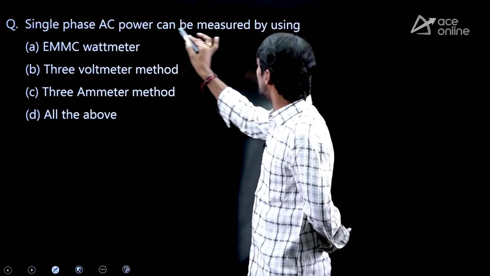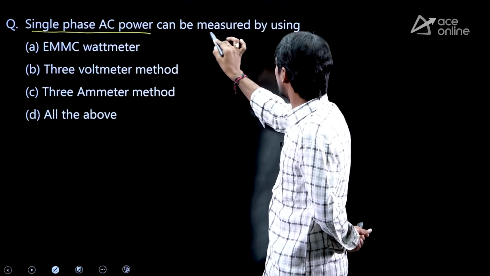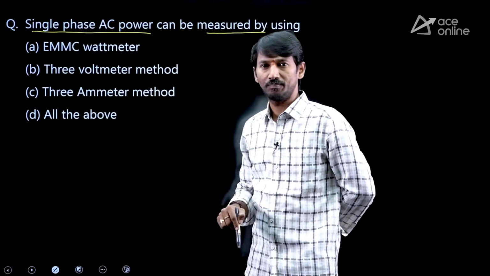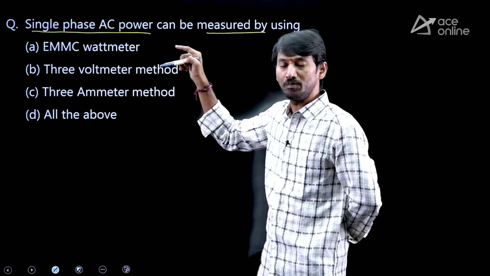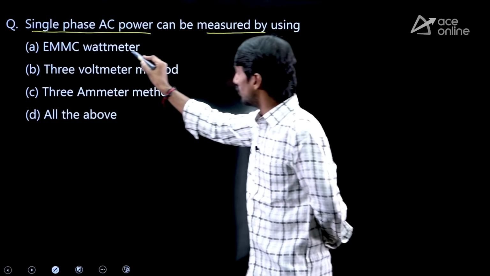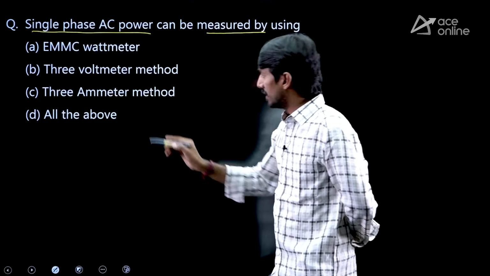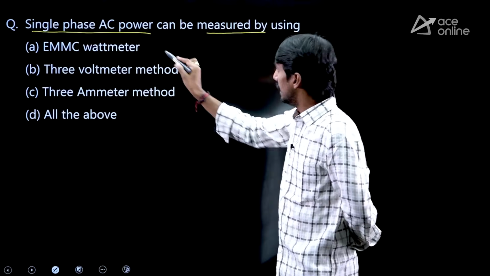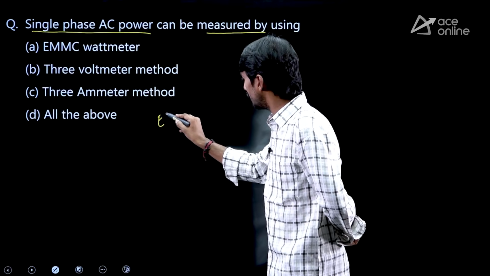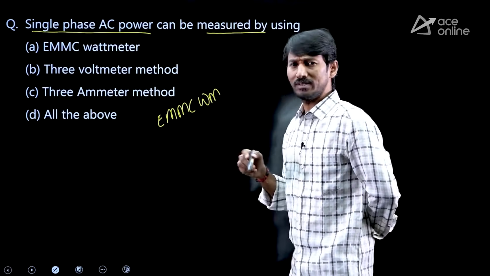Next one. Single phase AC power can be measured by which of the following methods? Check it. EMMC wattmeter, correct. 3 voltmeter method, correct. 3 ammeter method, correct. Sir, in this EMMC method, of course, for wattmeter, 2 methods are there.